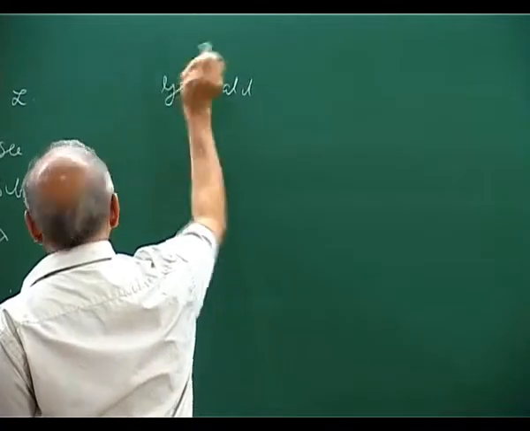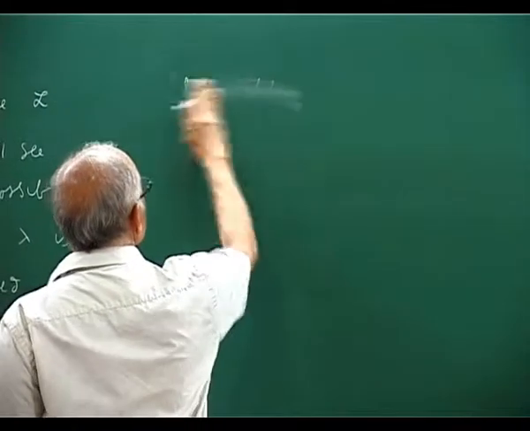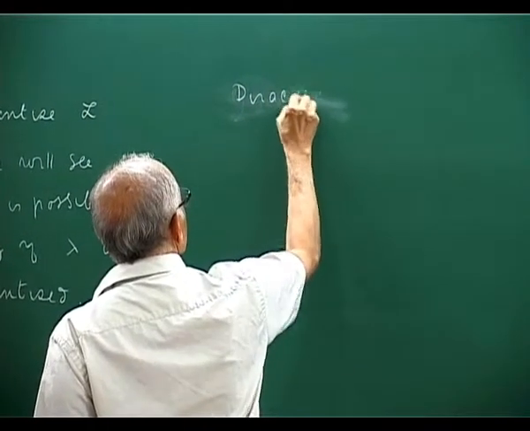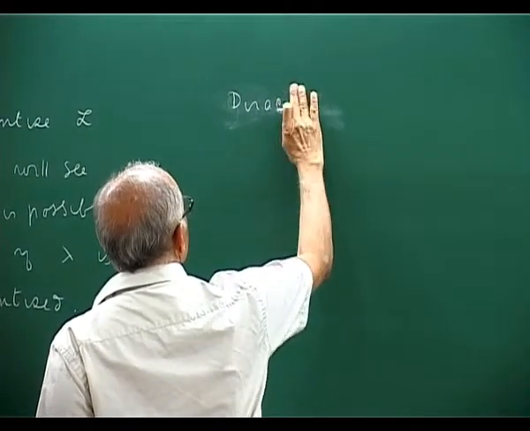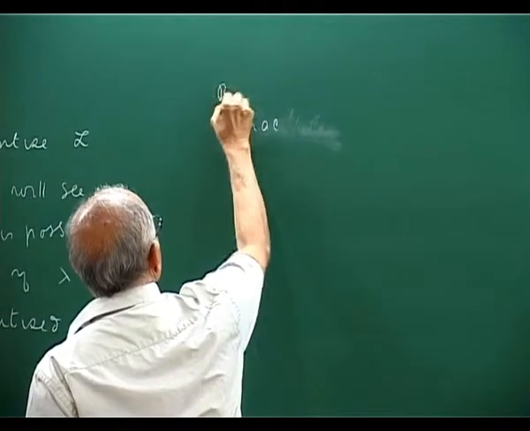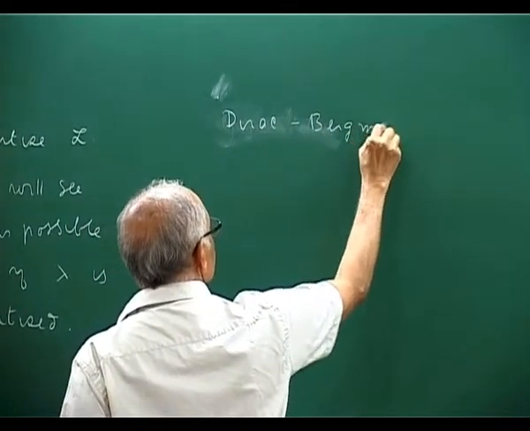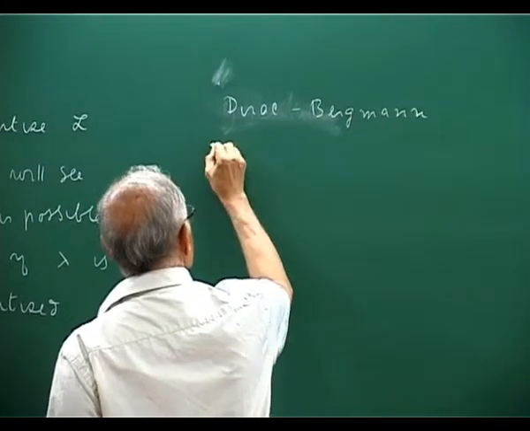So I want to start with Dirac's, I should say probably Dirac-Bergmann, theory of constraints.